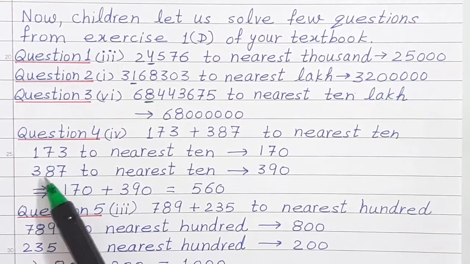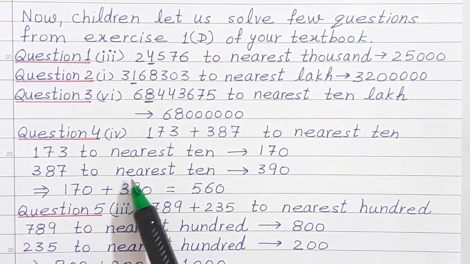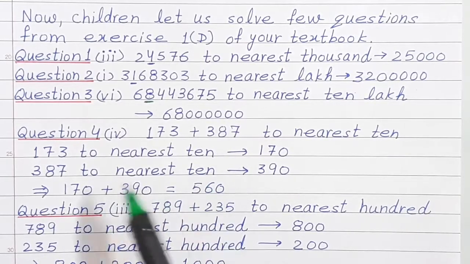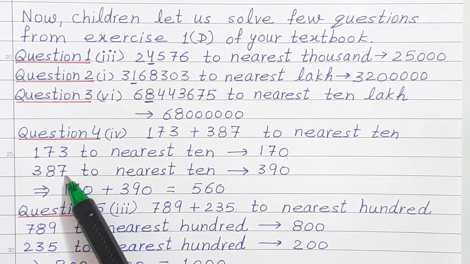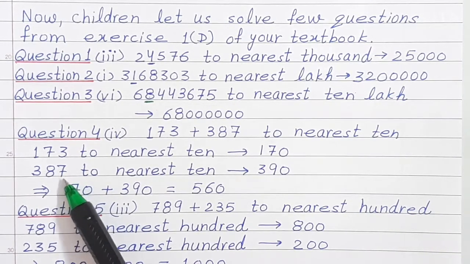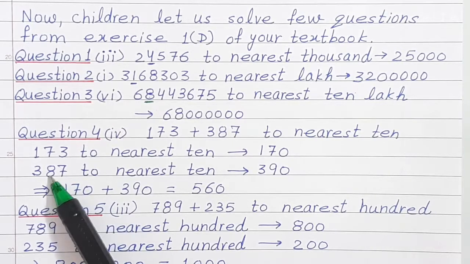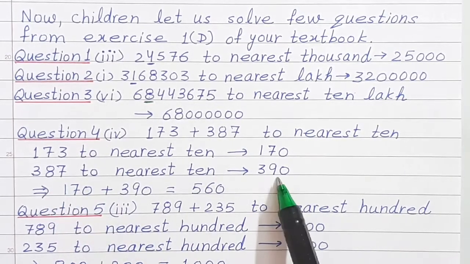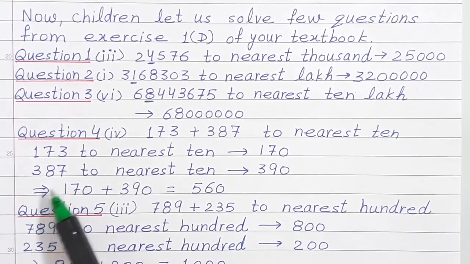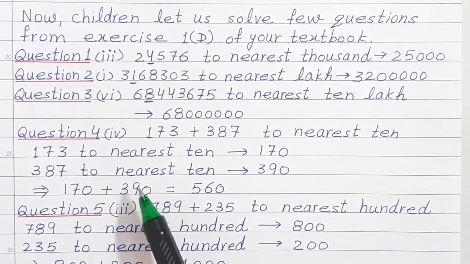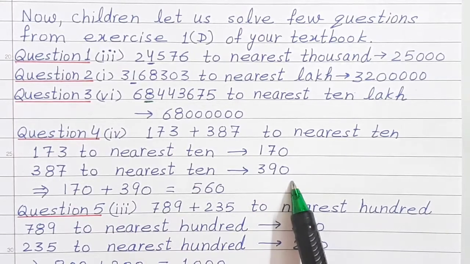Now 387 to the nearest 10. The digit at the ones place is 7, which is greater than 5. So 7 will become 0 and the previous digit 8 will become 9. So it is 390. So 387 is nearest to 390.